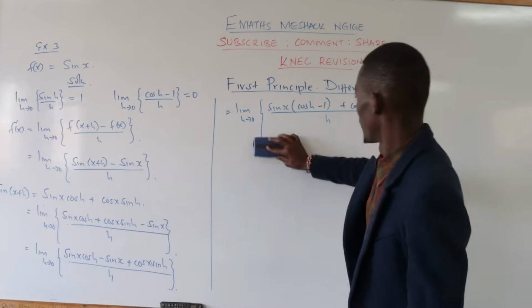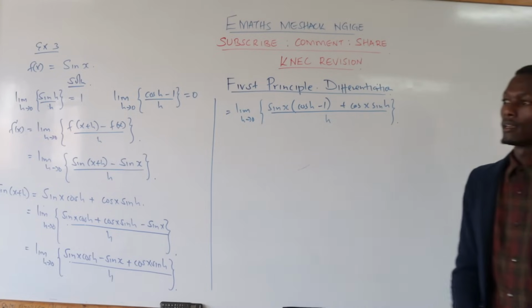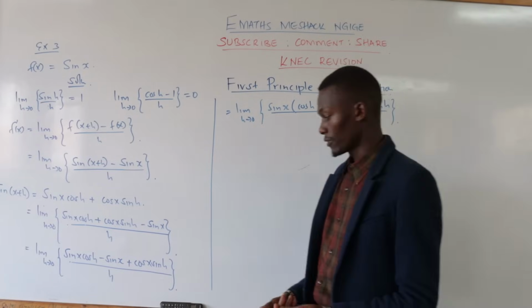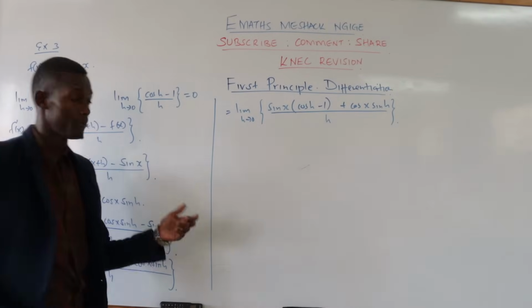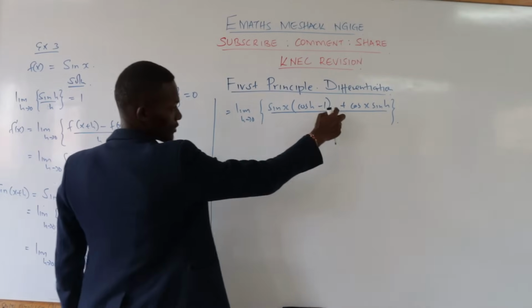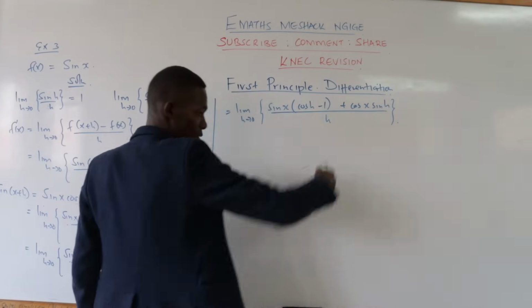Now, again, from the laws of limits, we say the sum of the limit is the same as the limit of the sum. Now, we have this, so we can split. Since we have an addition here, you see this one term now already, and you have another term, so we can split them into two.